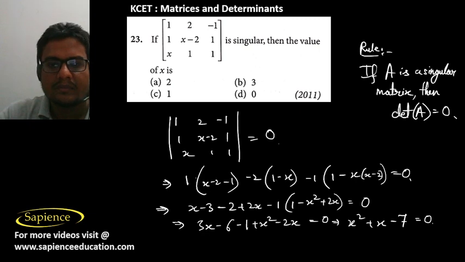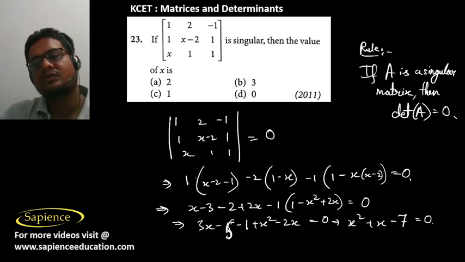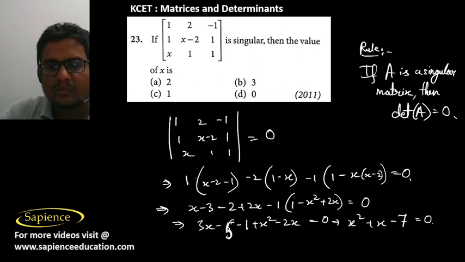This will be x plus 2x, that is 3x, minus, this is 5. 3x minus 5 minus 1, plus x square minus 2x. Okay, so this will be x square minus x square plus x minus 6, that is equal to 0.